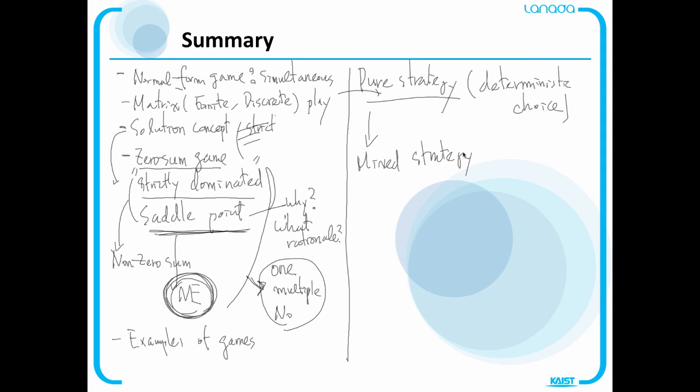Obviously the pure strategy is a special case of the mixed strategy, because I concentrate probability 1 on one strategy, like 1 0 0, 0 1 0, 0 0 1. A general mixed strategy is like 0.5, 0.3, 0.2, or 0.4, 0.3, 0.3. That's the mixed strategy, which I'm going to talk about. All right, see you in the next lecture. Thank you.